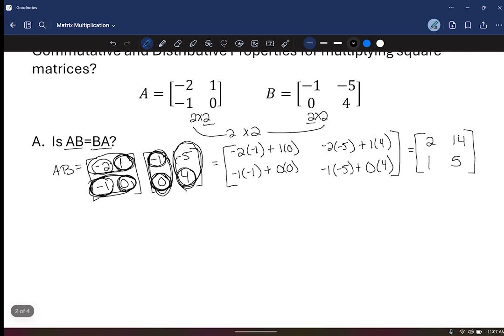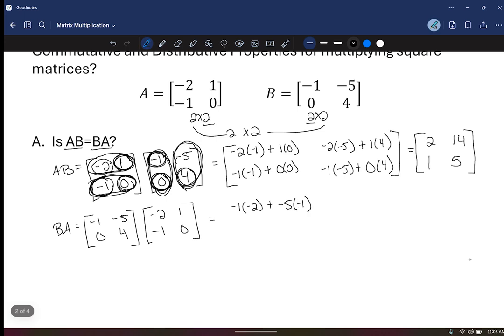All right, now we're going to do B times A and see if we get the same thing. So B is -1, -5, 0, 4. A is -2, 1, -1, 0. And we're going to start off by doing first row, first column. So we have -1 times -2 plus -5 times -1.